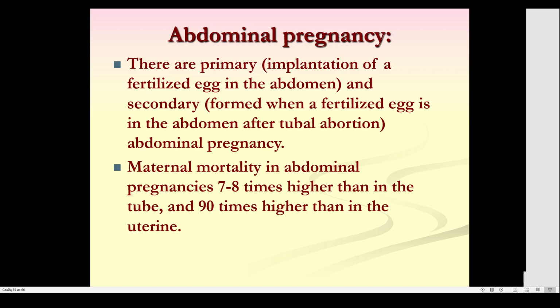Maternal mortality in abdominal pregnancies is 7 to 8 times higher than in tubal and 90 times higher than in uterine pregnancy.